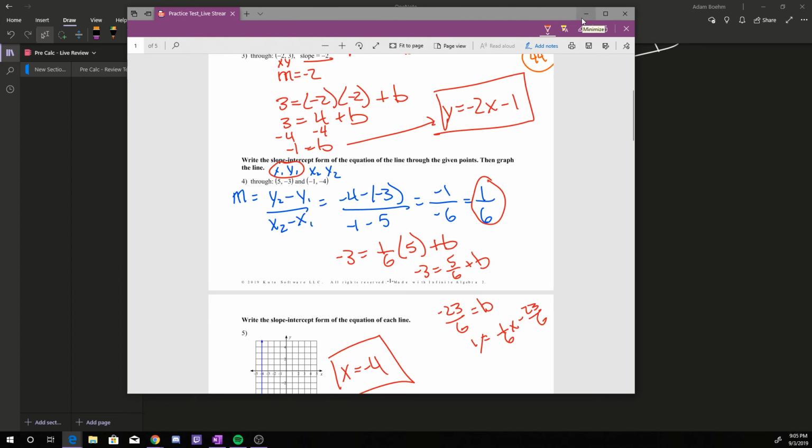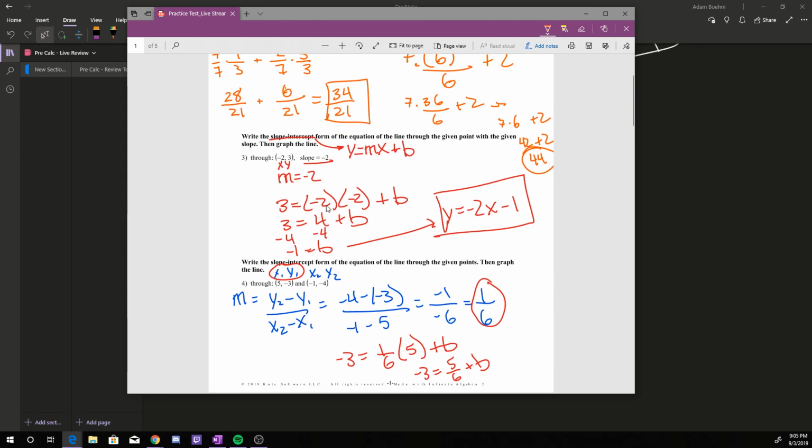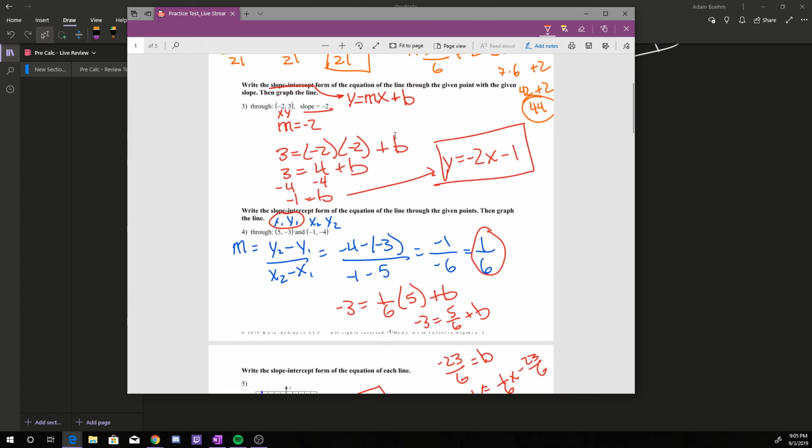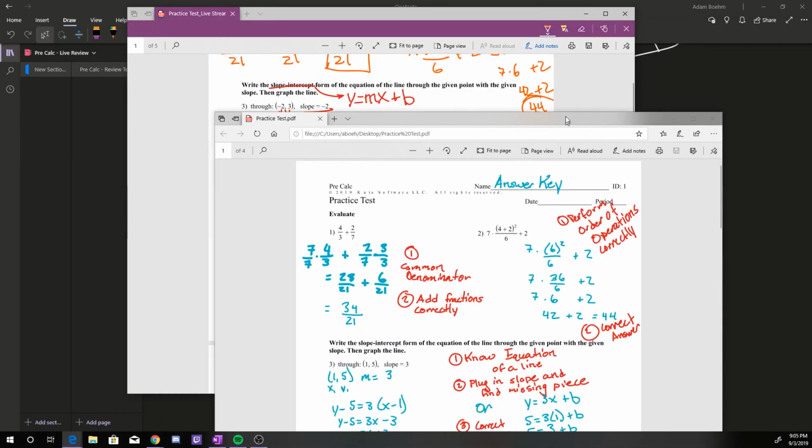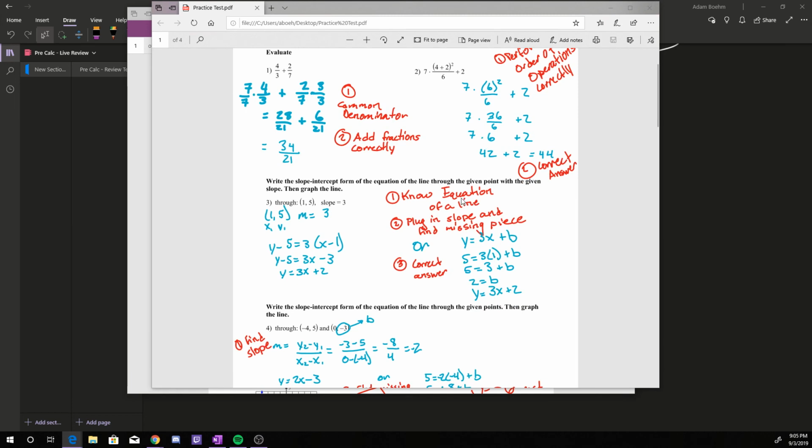No, you will not have graph paper. I can add a graph though. If I don't, then I'll just not have you graph it. Because on my notes part, I didn't even include the graph.